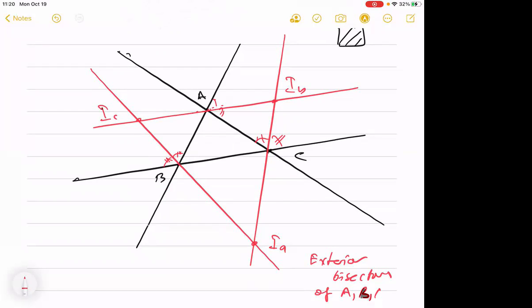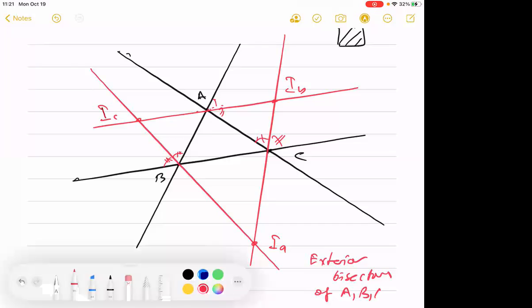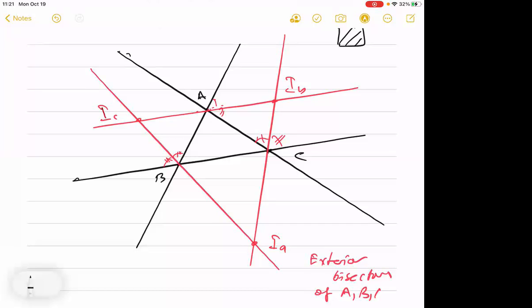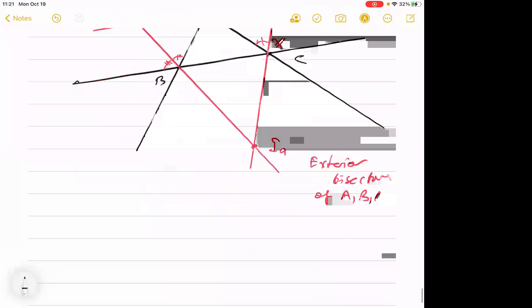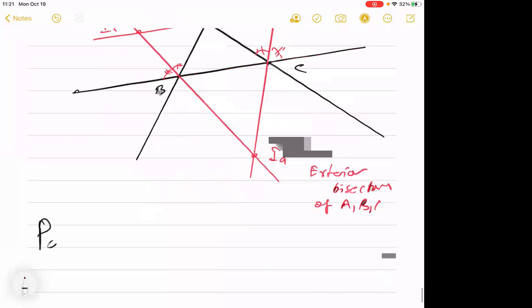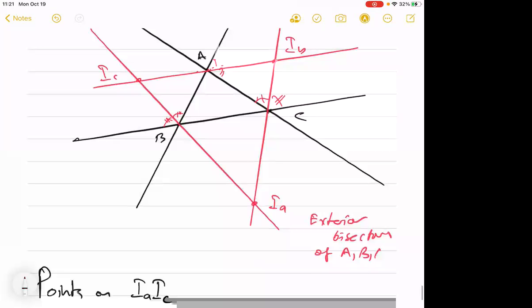Now, look at the line IA. The points on this IA and IC. So this line, let me extend this.